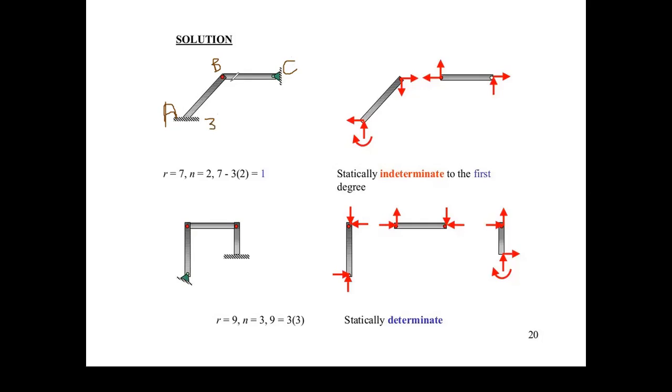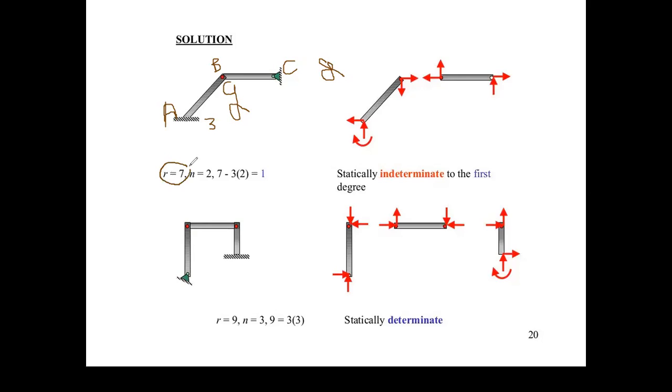How many at B? 2. How many at C? Again 2. So 3 plus 2 plus 2, that is 7.